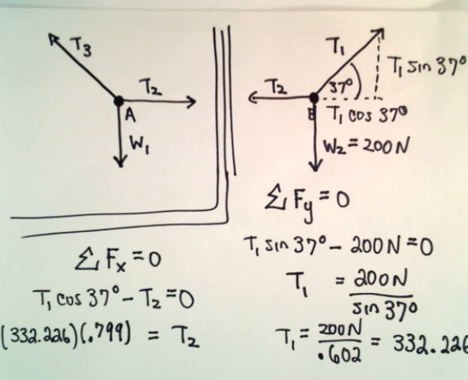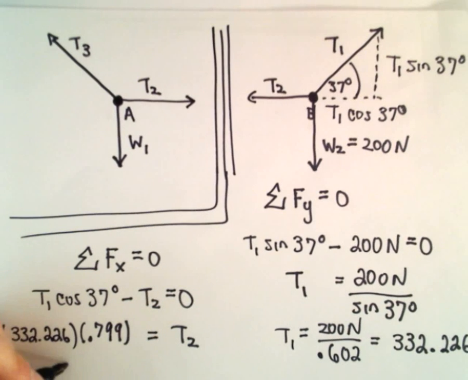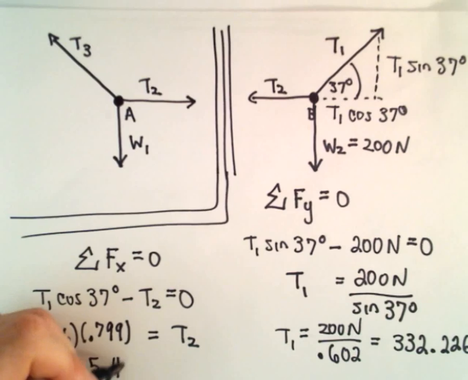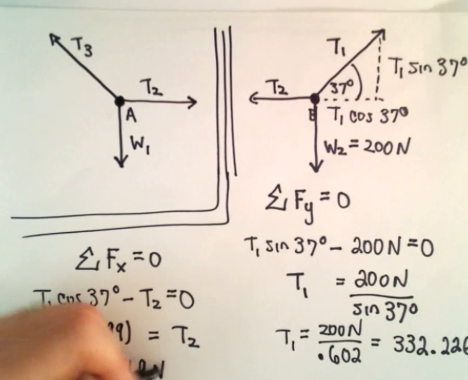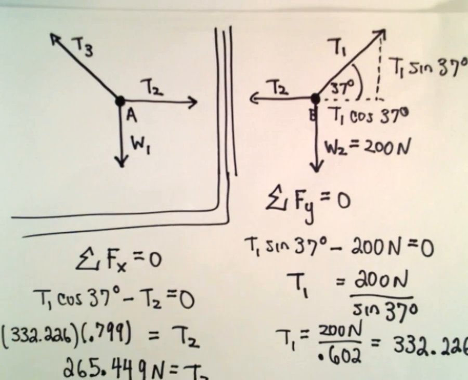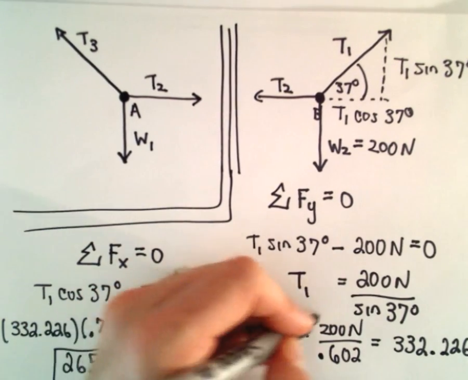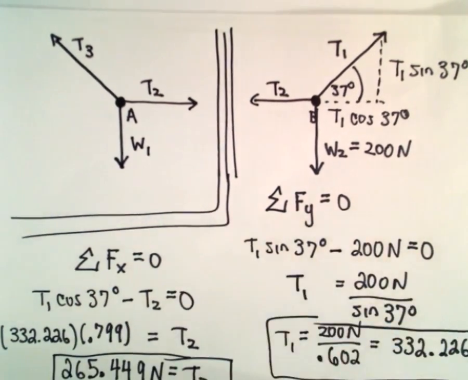Let me try that one more time. 0.799 multiplied by 332.226. Again, I'm going to round off here, so I'm getting this to be 265.449 newtons after rounding. So now we know the value of T2.